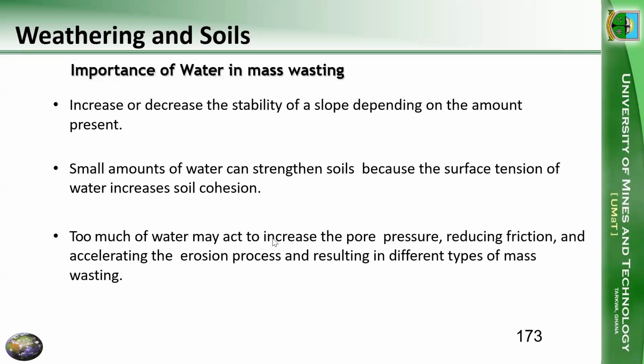Too much water will increase the pressure between the grains, what we call pore pressure. And if the pore pressure increases, what happens? Friction will reduce because we need the particles to be in contact to have friction, right? So friction would reduce, and this would accelerate the erosion process and result in different types of mass wasting.